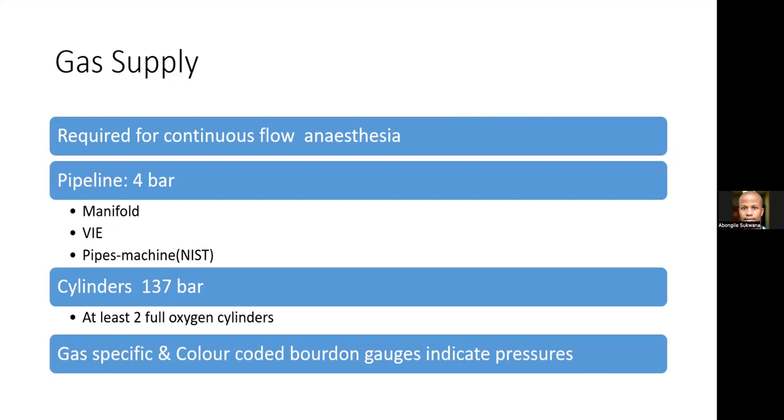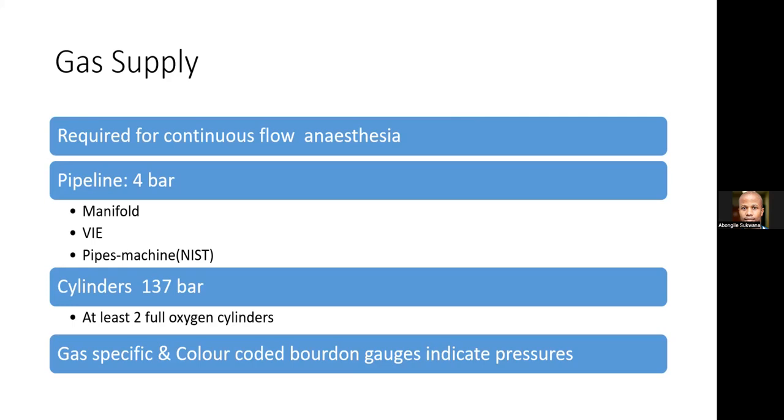Like I said, when it gets to the back of the anesthetic machine, it's at 4 bar. That is from the VIE, but with the manifold, how much will it be, Dr. Banzan? What's the pressure of oxygen?